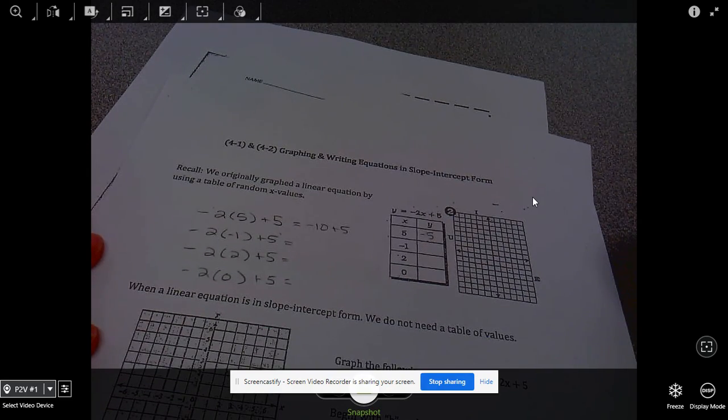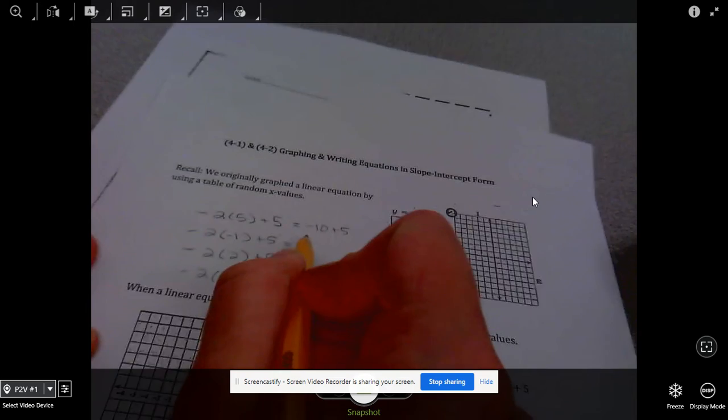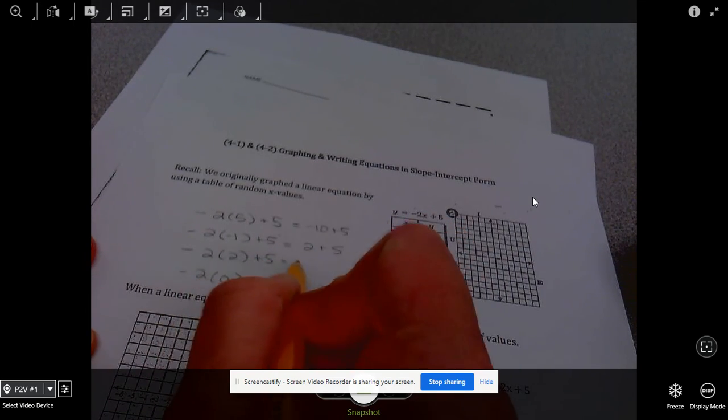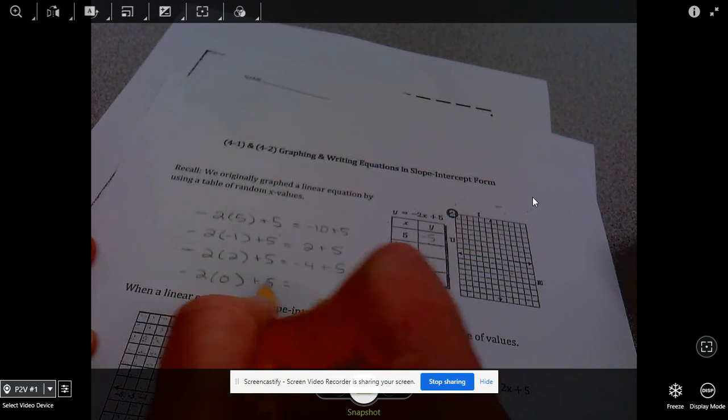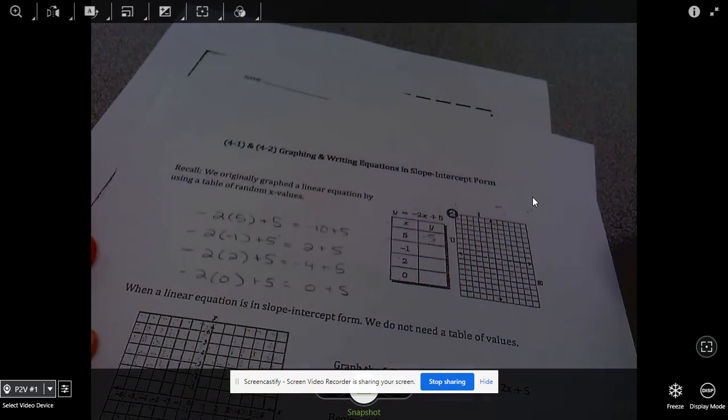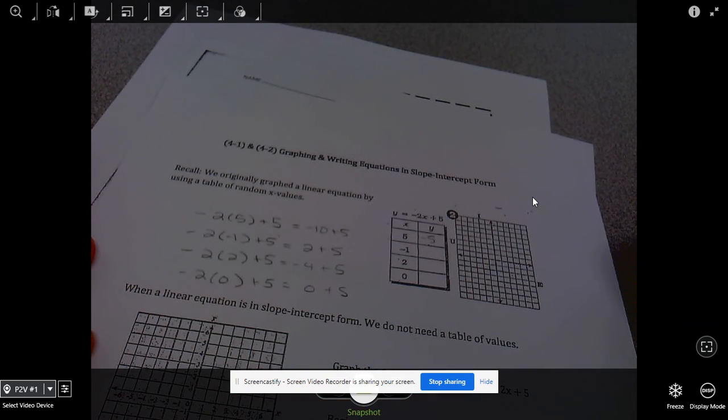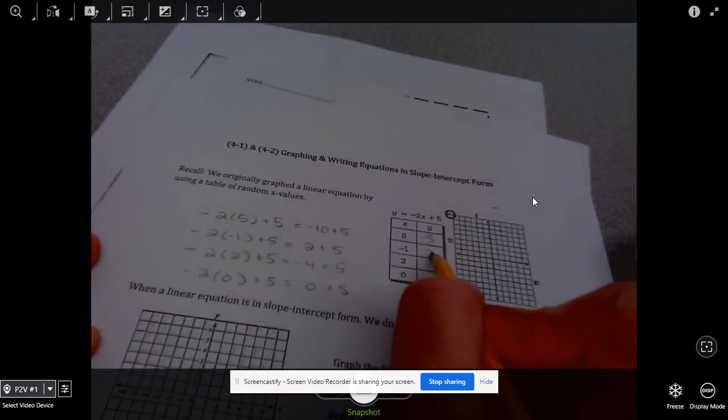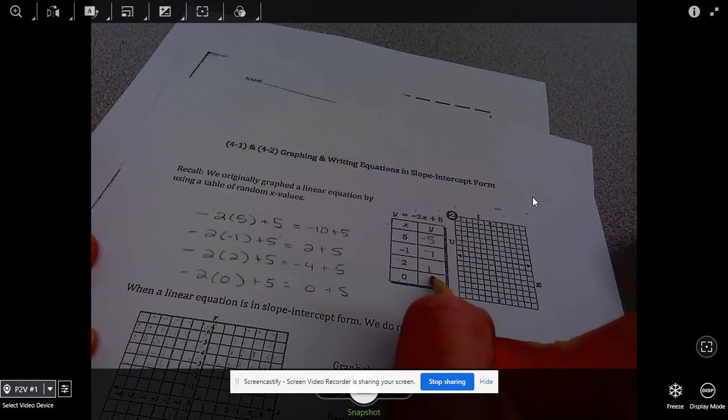So I'm going to substitute in all my points, and I'm going to get 7, 1, 5.